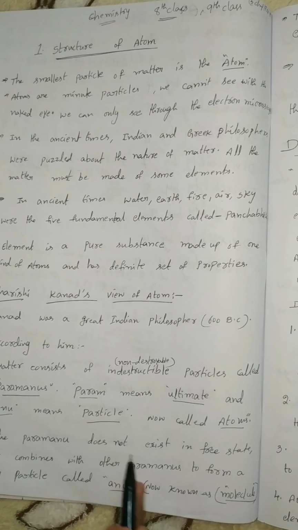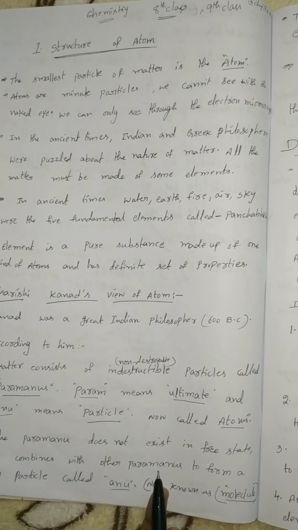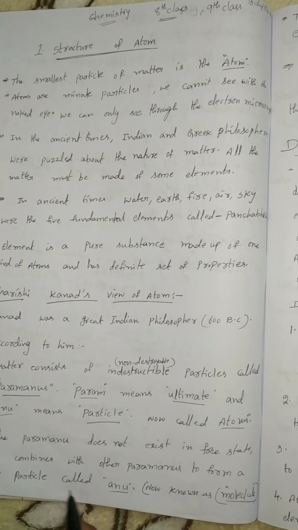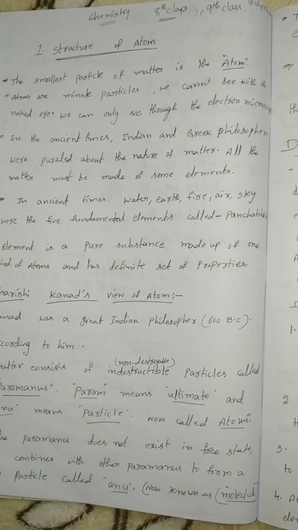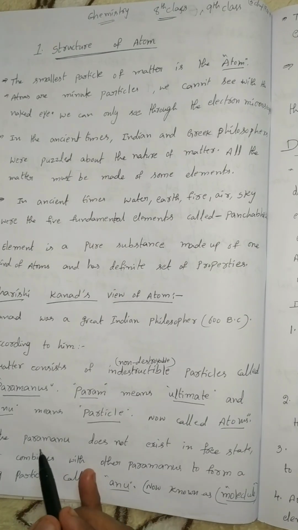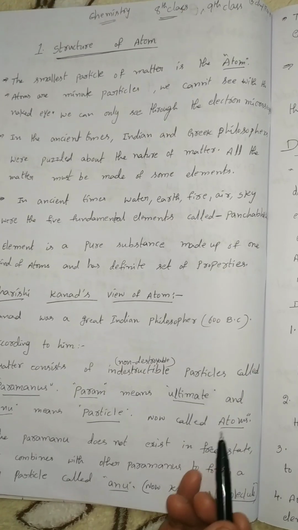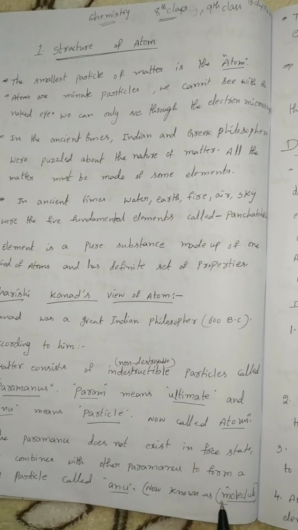The paramanu does not exist in the free state. It combines with other paramanus to form a bigger particle called anu. So in Maharshi Kannad's view, two paramanus combine and form the anu. So paramanus means atoms, and atoms combine and form molecules.